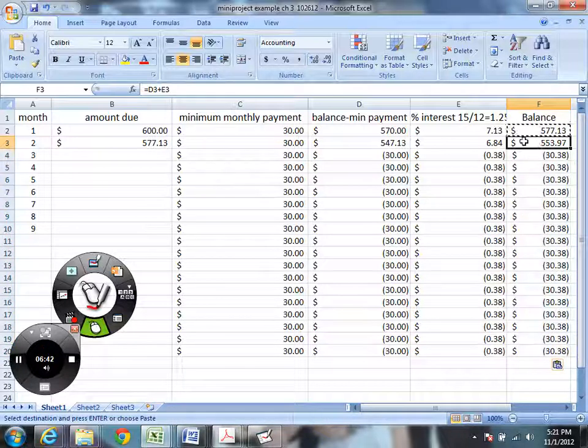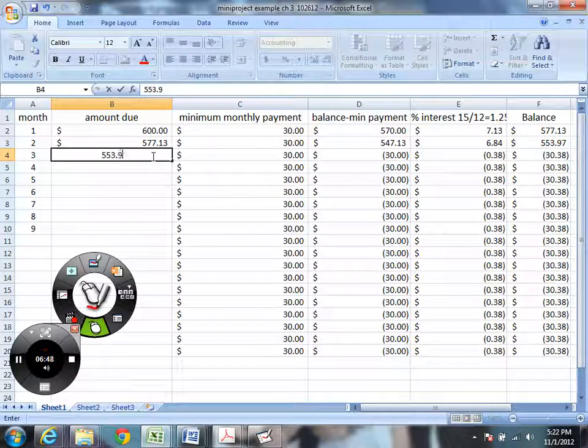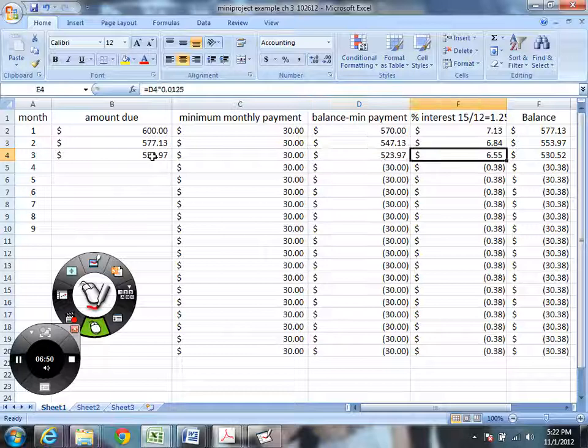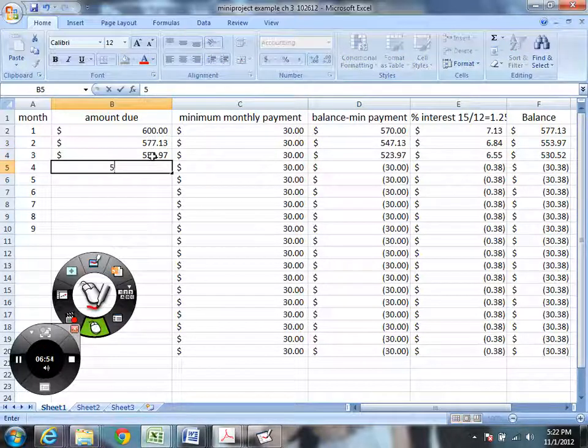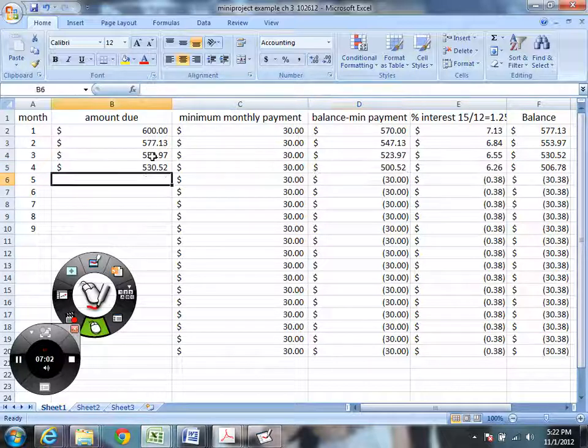So then it looks like I owe $553.97, so I'll just take that and put it here, $553.97. And then look, it fixed this one. So then I just have to go over here and do 530.52. See how it fixed this whole line. Then that's 506.78, so I can just plug in 506.78.